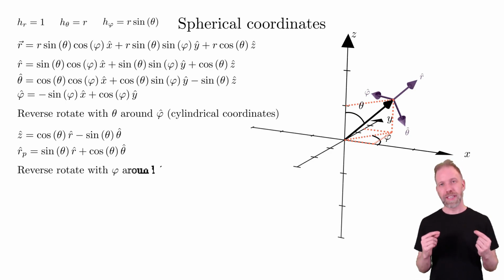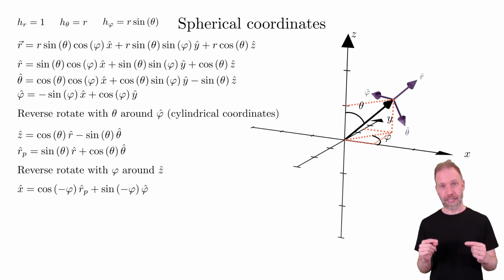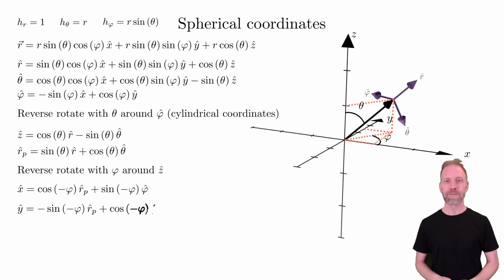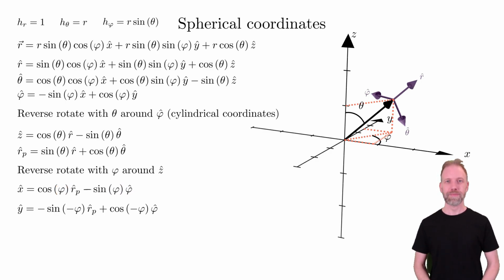Next, we reverse the initial rotation around the z-axis by rotating with minus phi. This will produce the same equations for rotation again. Apply the cosine and sine relationships for the negative angle again.